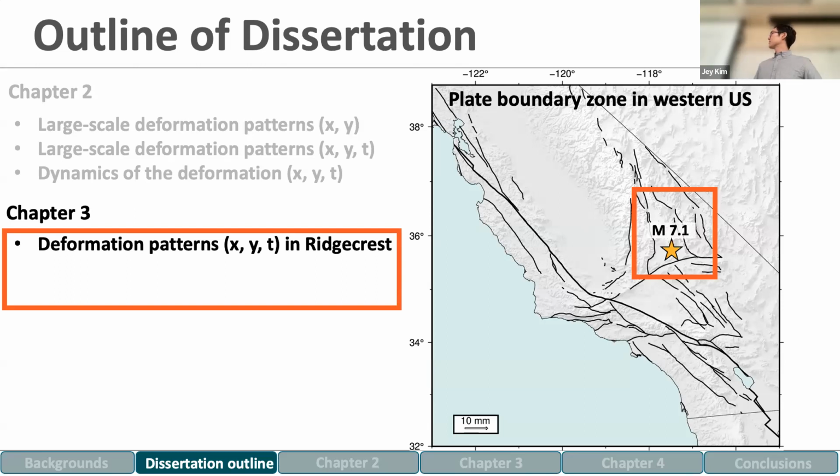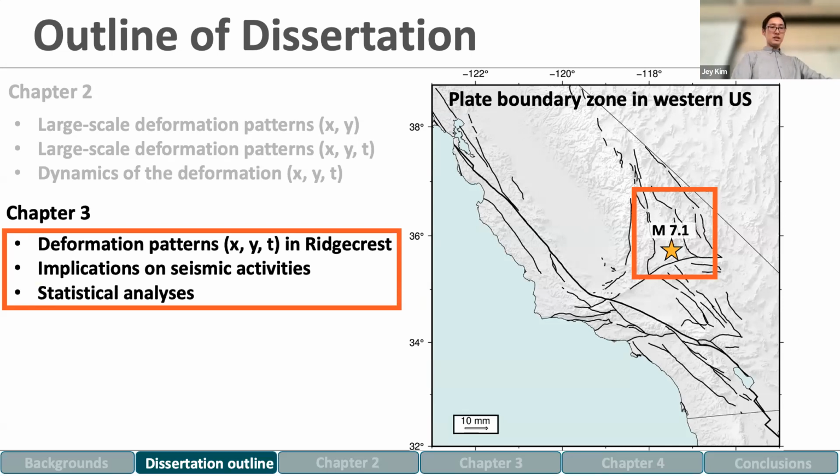This area is interesting because of the 2019 Ridgecrest earthquake, magnitude 7.1. It was the largest inland earthquake in California over the last 20 years. And then I investigated possible implications of time-dependent deformation on seismic activities for this region.